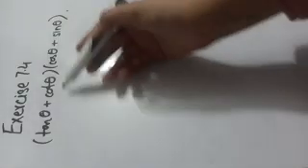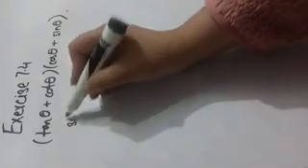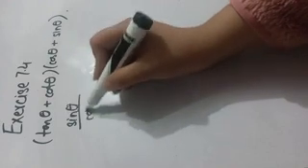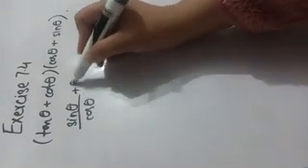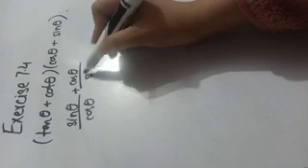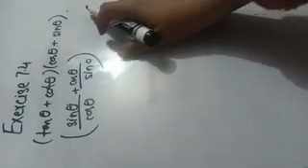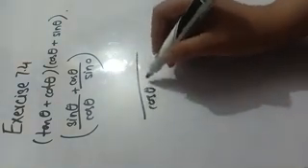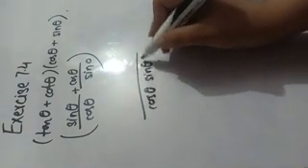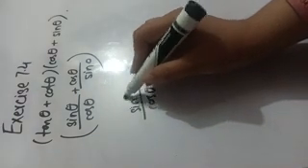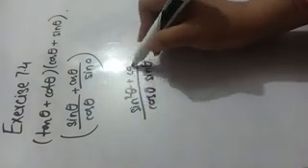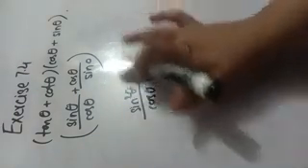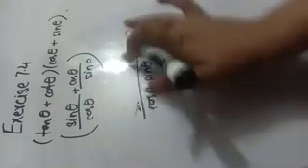So put the value of cot and tan theta. So it would be sine theta over cos theta, cos theta over sine theta, and this value remains the same, so I am not writing that. So taking the LCM of it, it would be cos theta and sine theta. The upper value will be sine square theta plus cos square theta. It would be equal to 1, so I am putting the 1 here.